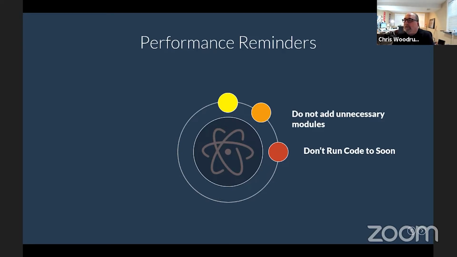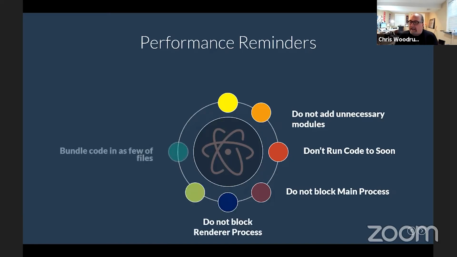I don't know about you, but I remember getting up for coffee with some applications because it took them so long to start up. But just be aware, don't run code too soon. Don't block the main process. So inspect all your code execution at runtime. And then don't block your render process also.